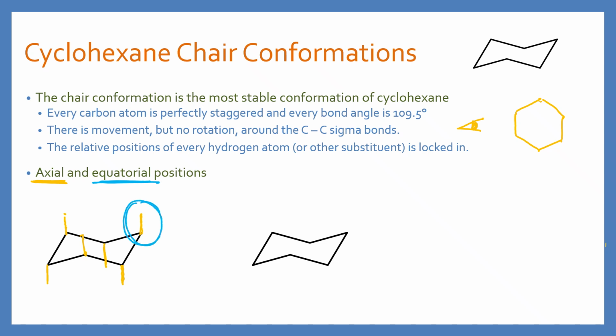So on this carbon, I drew the axial position up. That means that the equatorial position is going to be pointing down. On the next carbon, the axial position is pointing down, which means the equatorial is pointing up. So I'm going to alternate through my entire ring here.